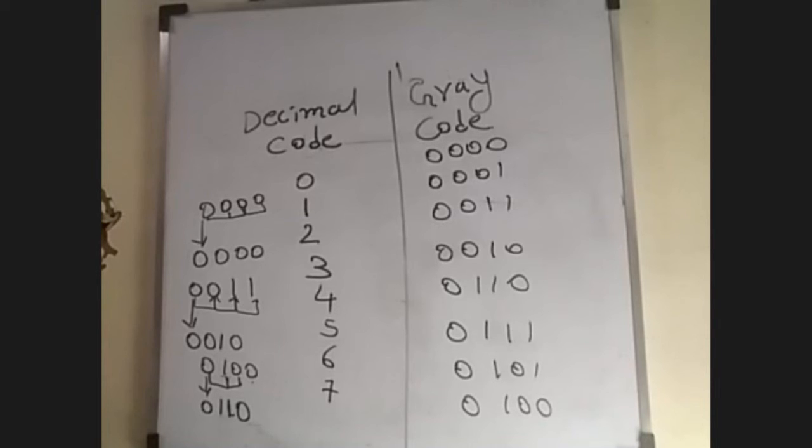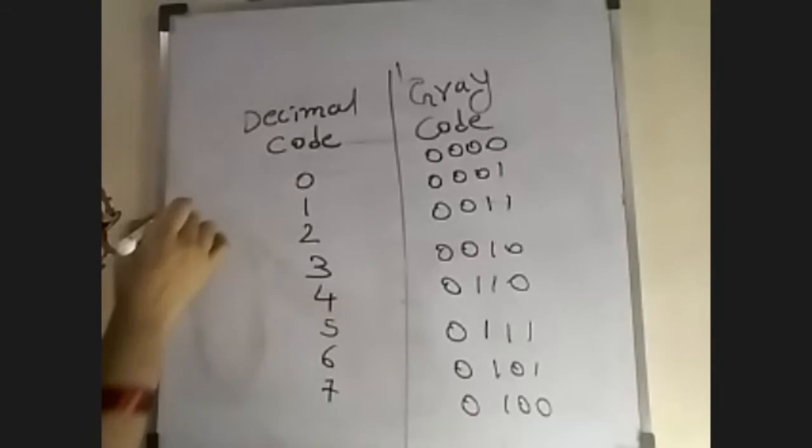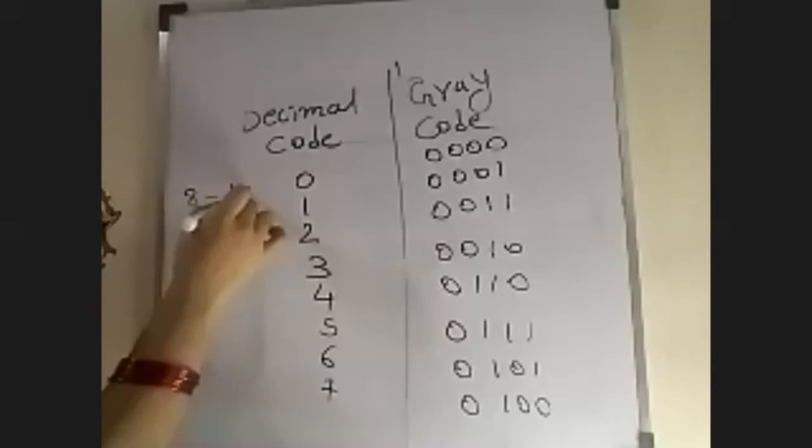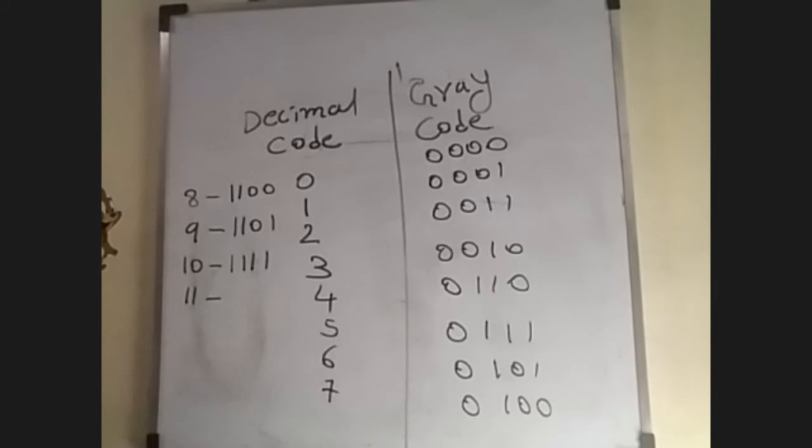Very good. 9 is 1101. 10 is 1111, four ones. Then 11.